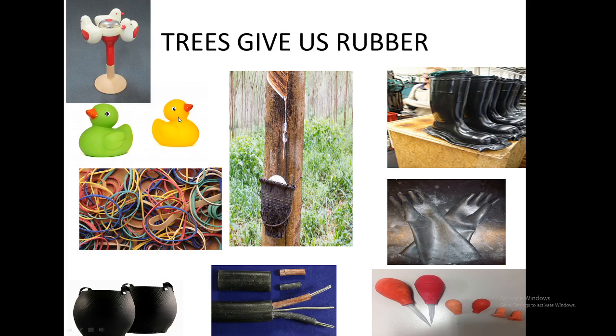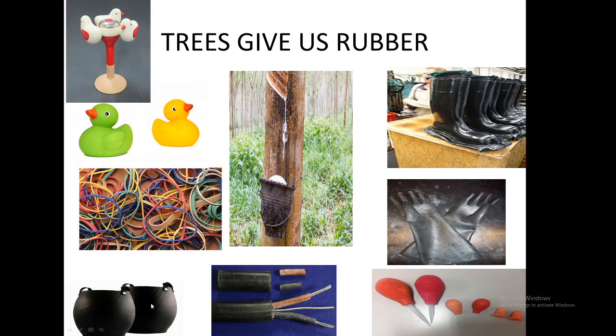See, these are rubber toys. The children like to play with these toys, and these are the rubber bands for packing things. Big plaited hairs also use these. And these are rubber baskets for carrying sand or something else for the laborers.